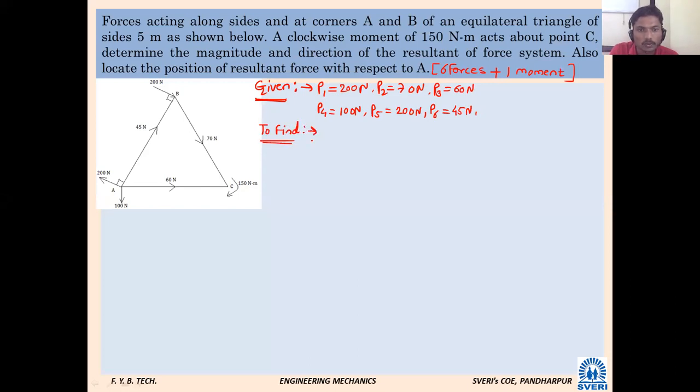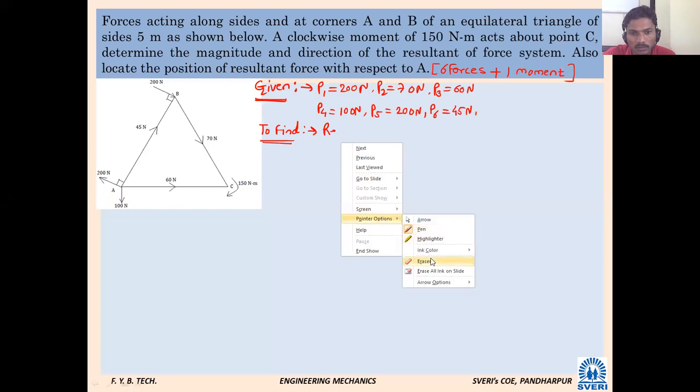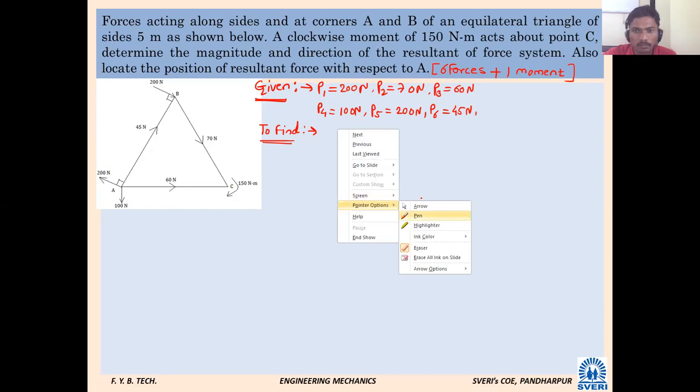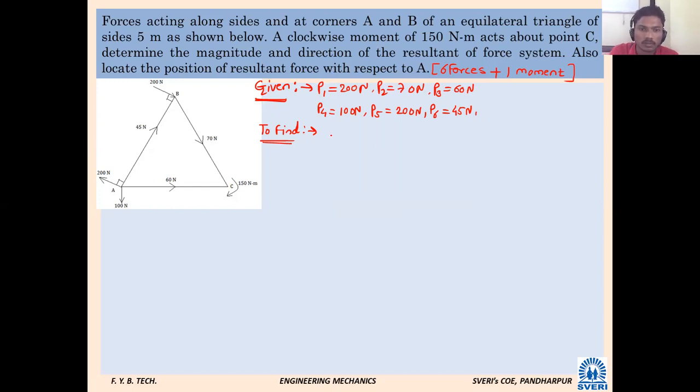To find as usual. What do we want to find? Resultant. For that, again, magnitude, direction, and the resultant also we want to locate.